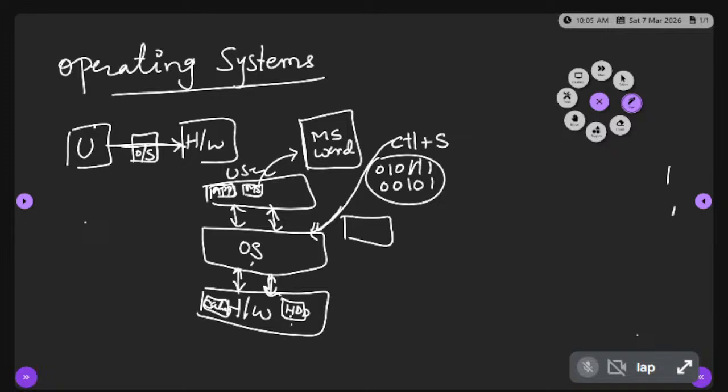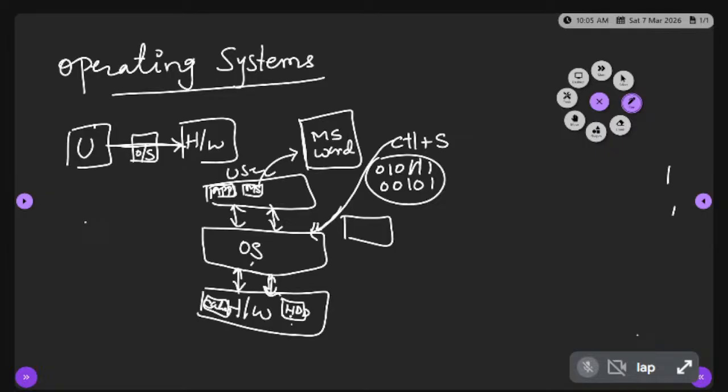So from all these things, I want to say that the operating system is not only an interface, it is a manager. A manager's duty is to manage all the people. A class teacher's duty is to manage the class within minimum requirements.